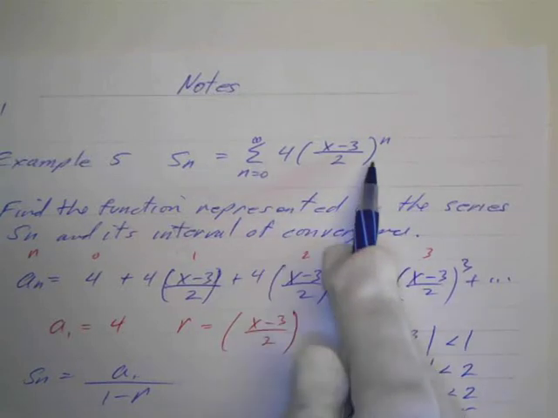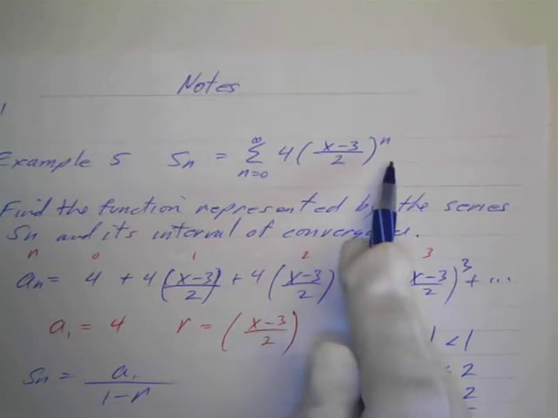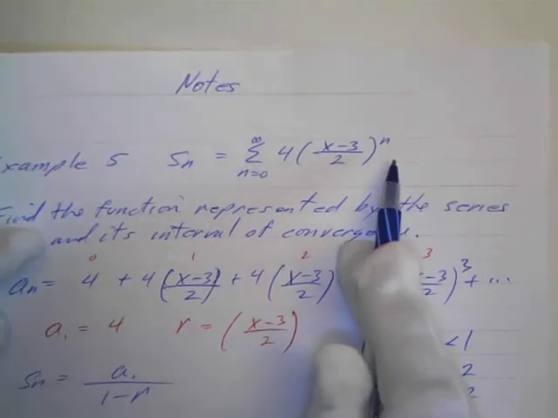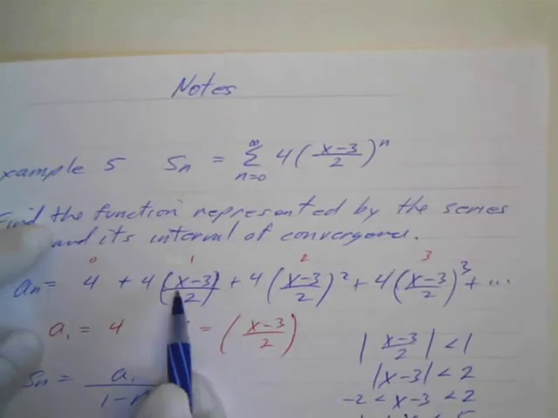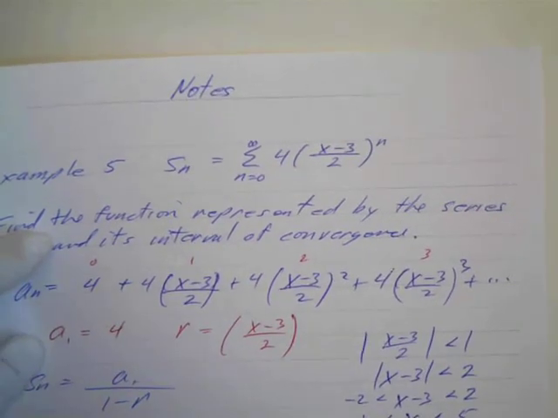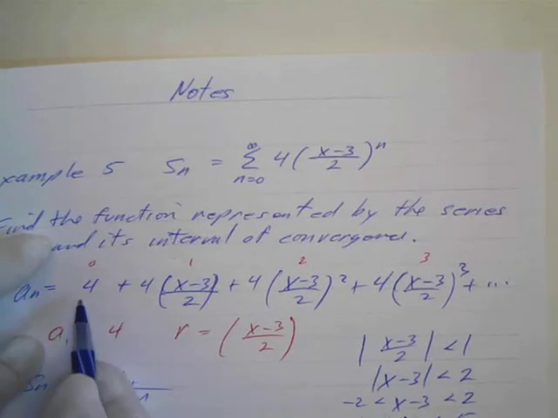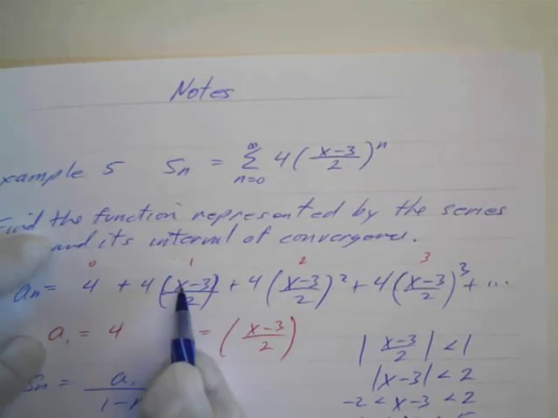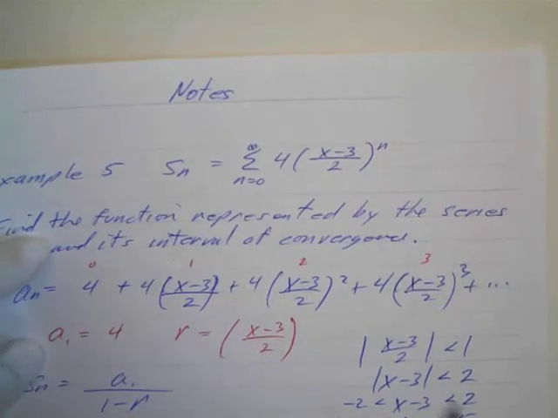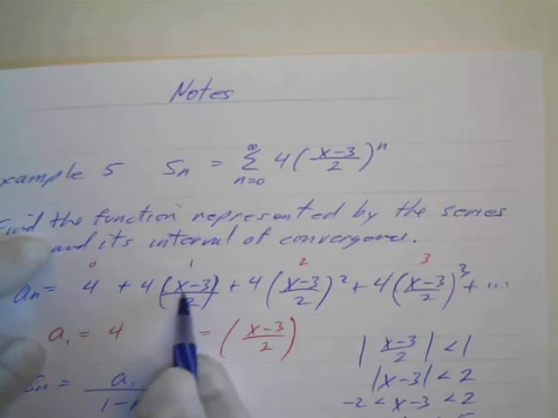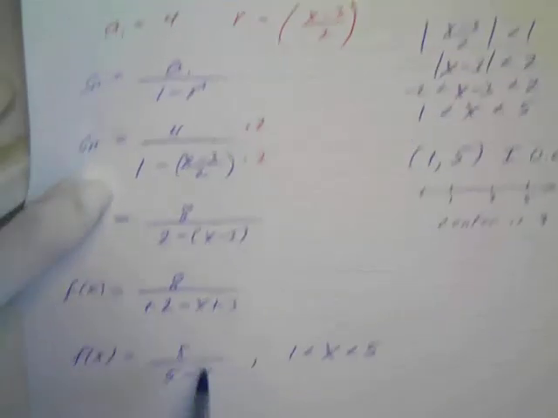If I had a series like this, it might be a lot harder to calculate if I wanted to put in a value. If we put 3 in, we just get 4. But if we put 3.5 in or 2 in, we would have to work all these terms out, and it would be a lot easier just to put it in here.